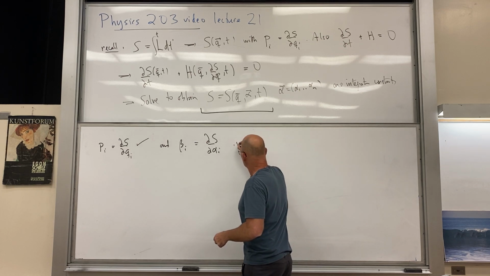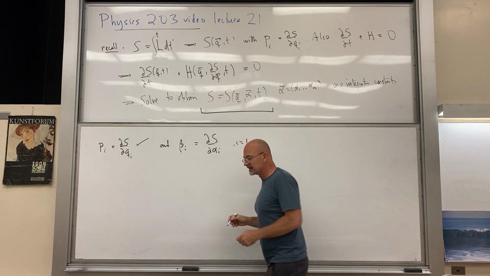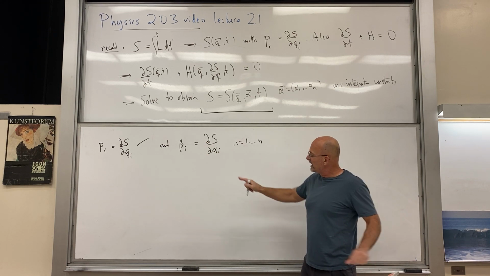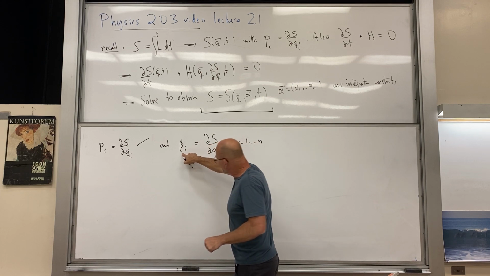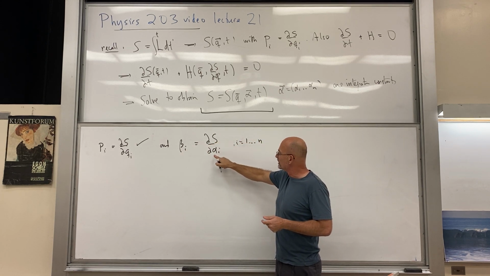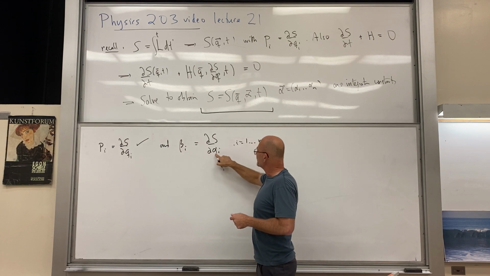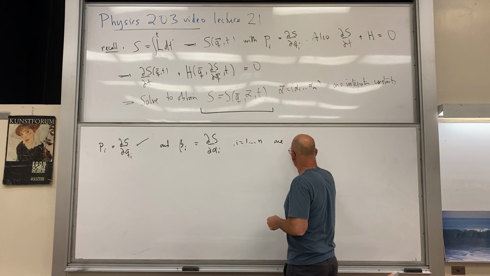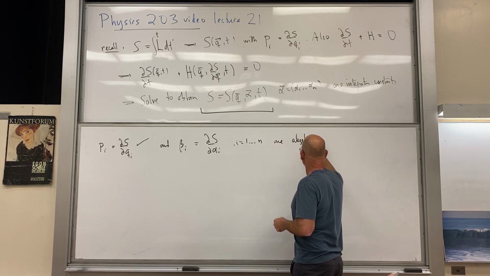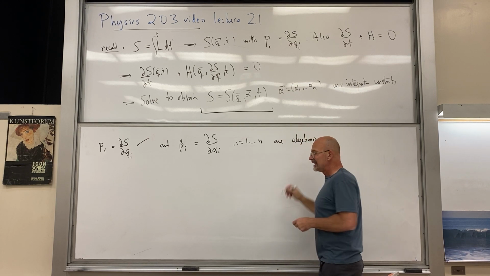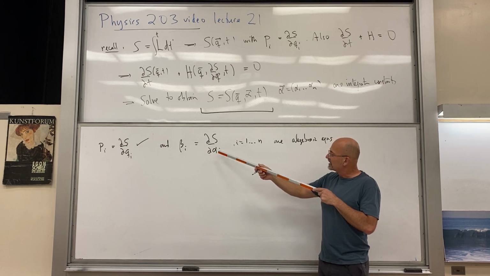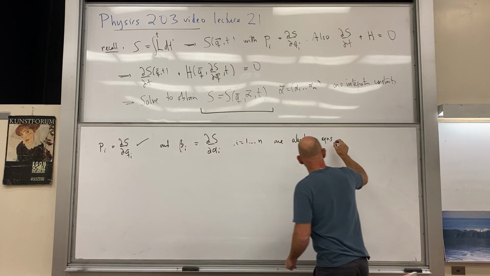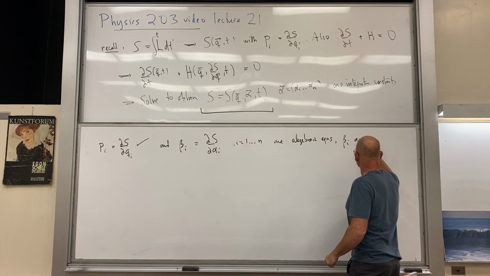This is a set of n algebraic equations because these beta sub i are constants. They're the new coordinates in the problem, but they're constants. The alpha sub i are also constants. So these equations are algebraic.